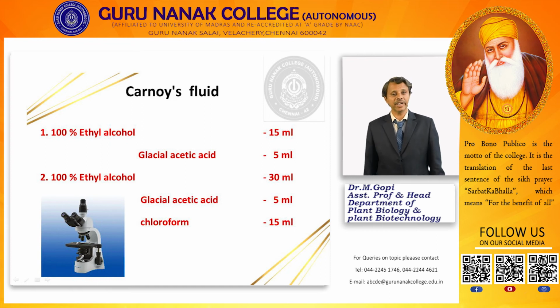We have to prepare it in two ways. One is 100% ethyl alcohol 15 ml and glacial acetic acid 5 ml. The next method is 100% ethyl alcohol 30 ml, glacial acetic acid 5 ml, and then chloroform 15 ml. These are the preparation methods of Carnoy's fluid.